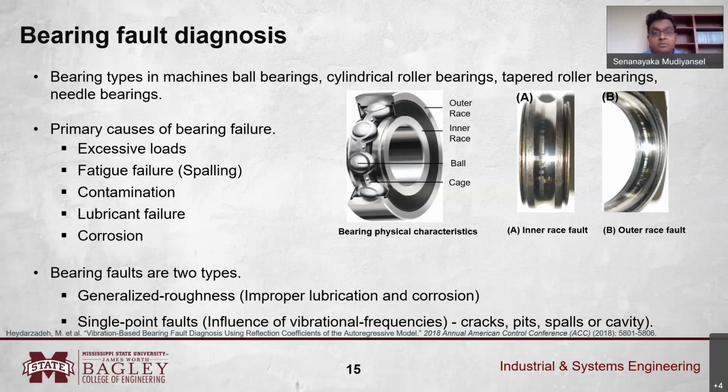The primary causes of these bearing failures are excessive loads, fatigue failures, contamination or lubrication problems, and corrosion types of failures. So the bearing faults are of two types. One is generalized roughness, and the other is single point failure.